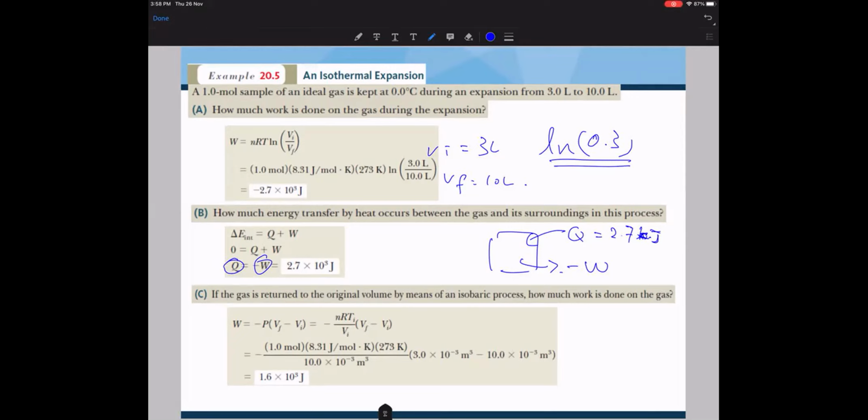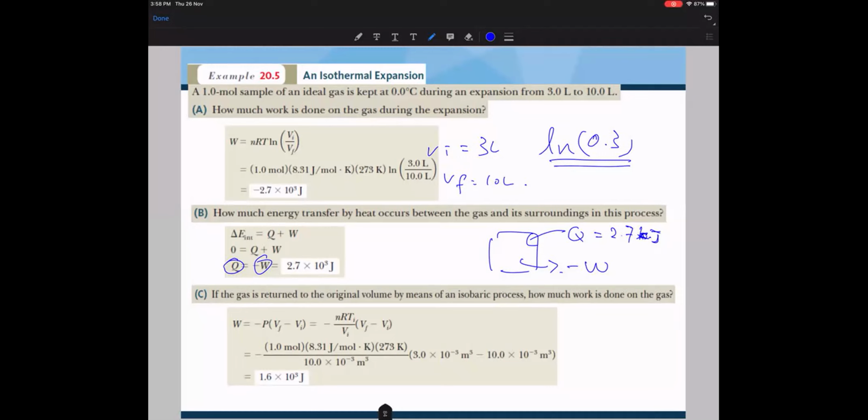Internal energy is related to the absolute temperature in the ideal gas. So the internal energy change is 0 because there is no change in temperature. Temperature is kept at 0 degrees C.